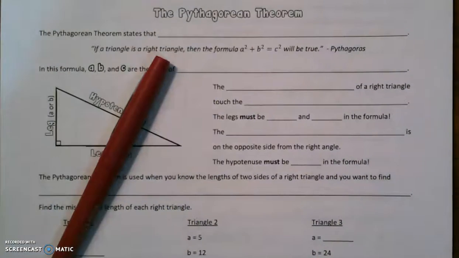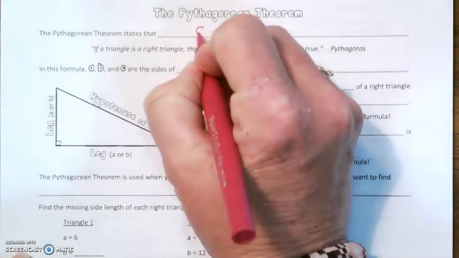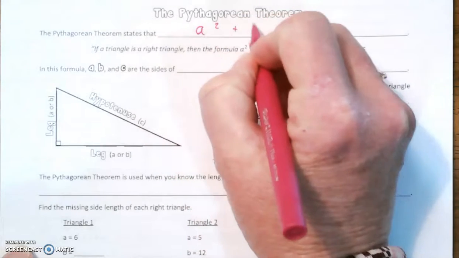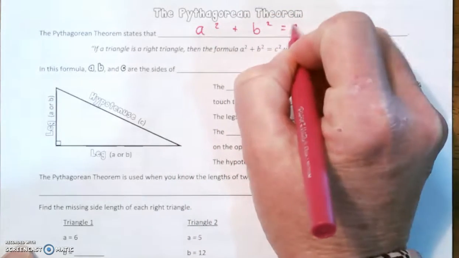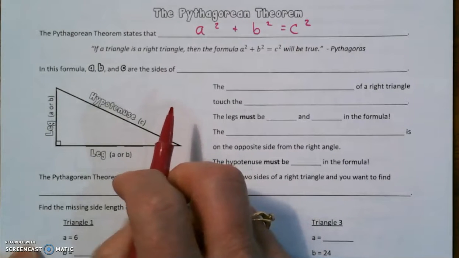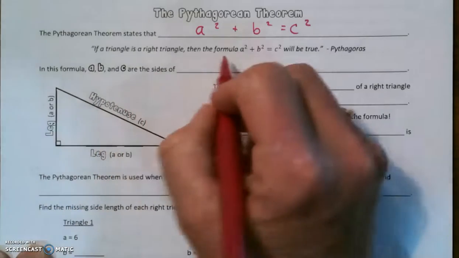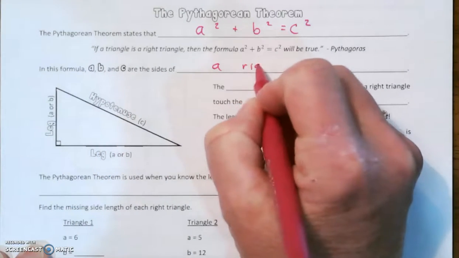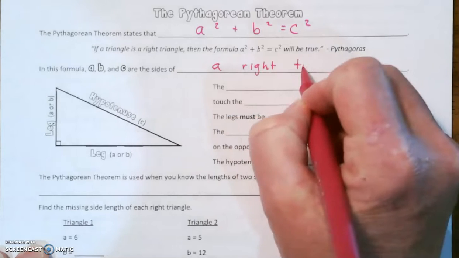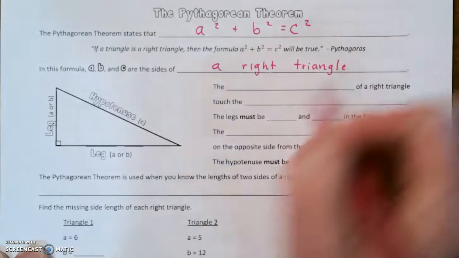All right, so the Pythagorean theorem states that, in simple formula terms, a squared plus b squared equals c squared. What that means is that a, b, and c are the sides of a right triangle. This works only for right triangles, by the way.